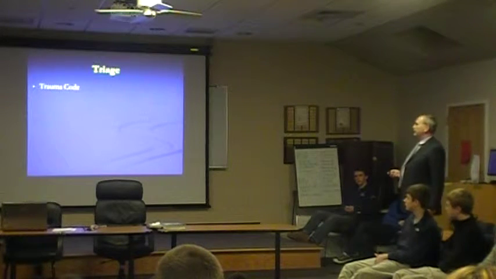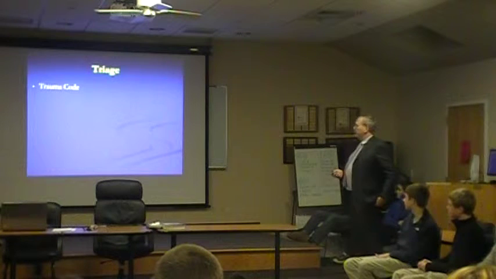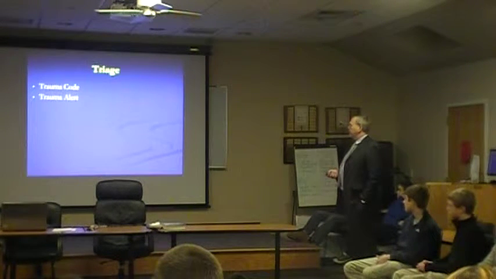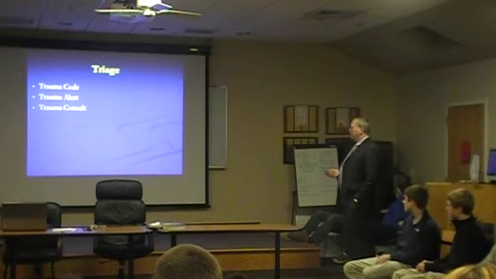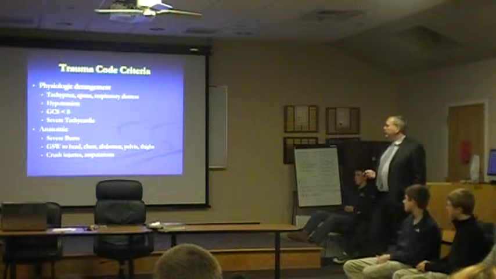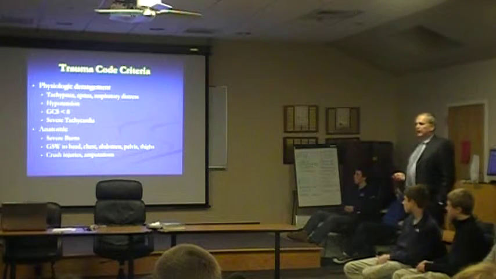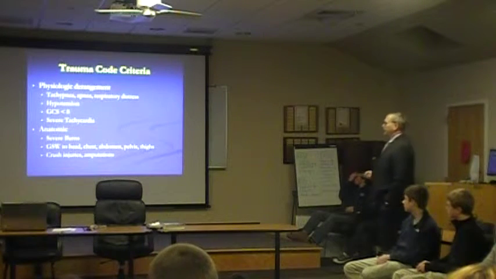So it depends on what you have and what your knowledge base is too. But at Stanford, we have, as you guys should know, trauma code. These are our sickest patients, and I'll tell you how they qualify: trauma alert and a trauma consult. When you guys call a trauma code to us, the main thing is they might have some physiologic derangement. These are patients that are having some respiratory problem.